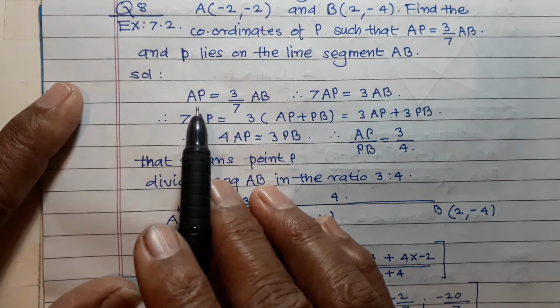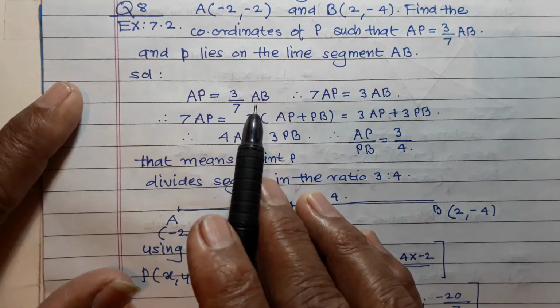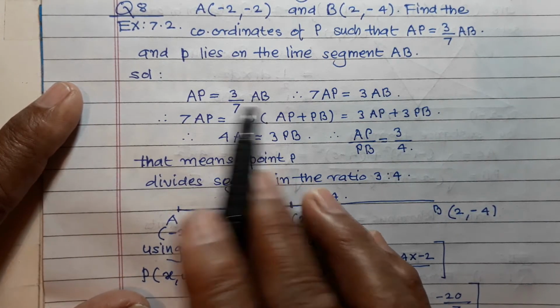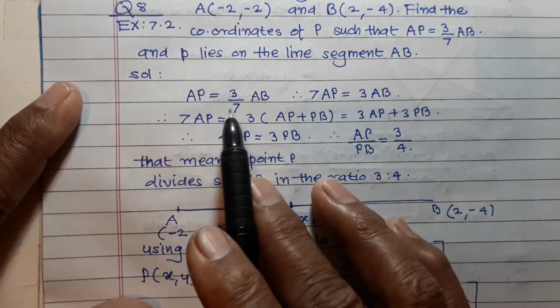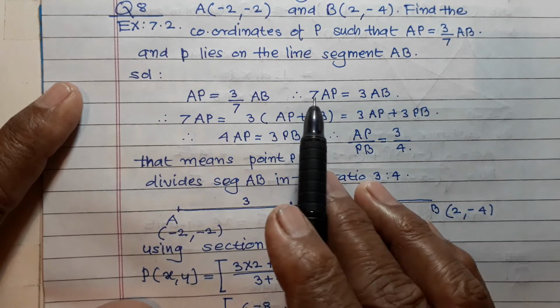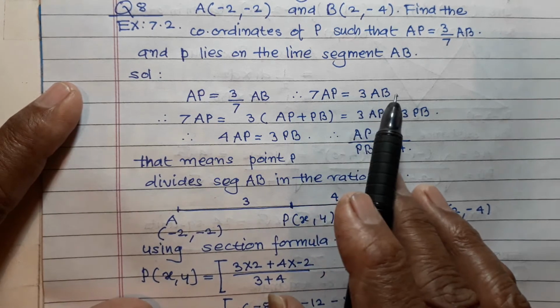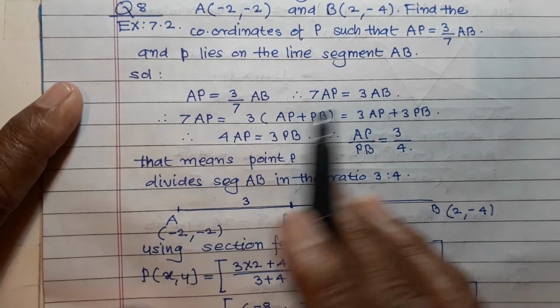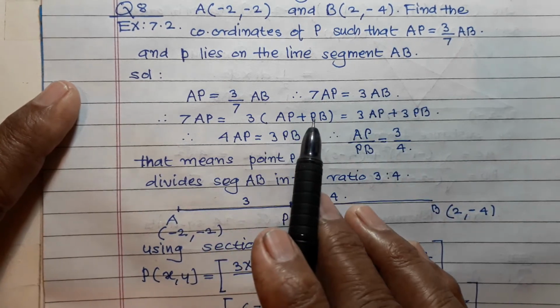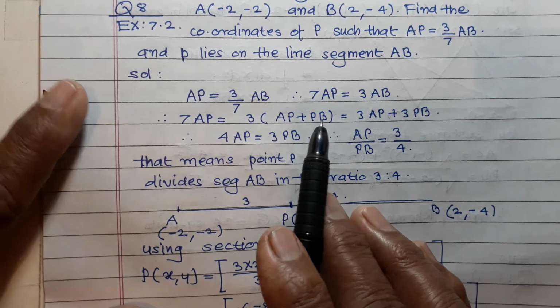Solution. AP is equal to 3/7 AB, given. Simplify this: transfer the 7 to the other side. 7AP = 3AB. AB is equal to what? AP plus PB.